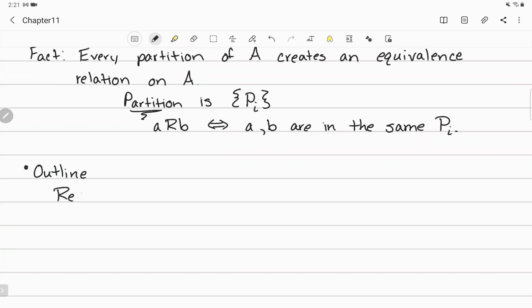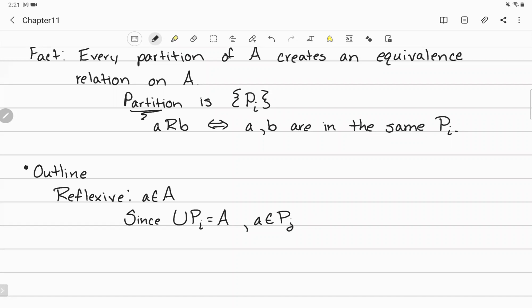All right, let's think about reflexive. Well, I need to take a random a in capital A. What was the first property of being a partition? Yeah, the union of all the different pieces has to be everything. So since the union of the P_i's equals capital A, little a is in P_j for some j.